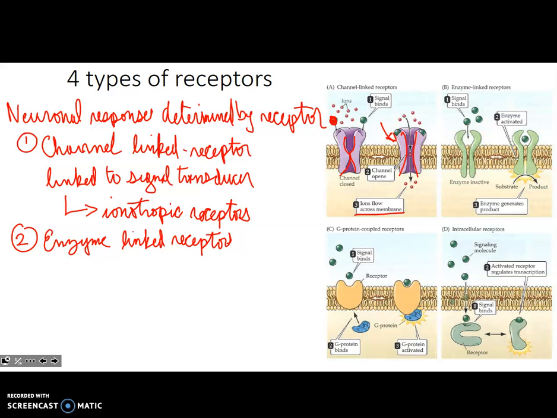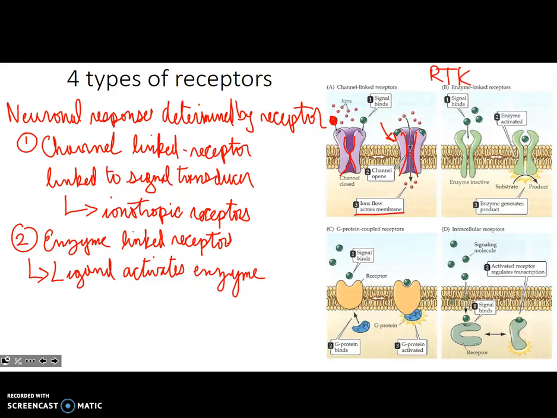The second type of receptor we can mention are what are called enzyme-linked receptors. In this case, the ligand often activates an enzyme directly, whatever signaling molecule or ligand we have. Up here we see a common type of enzyme-linked receptor called a tyrosine kinase, an RTK, a receptor tyrosine kinase.